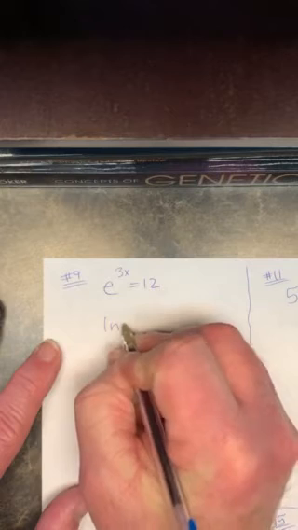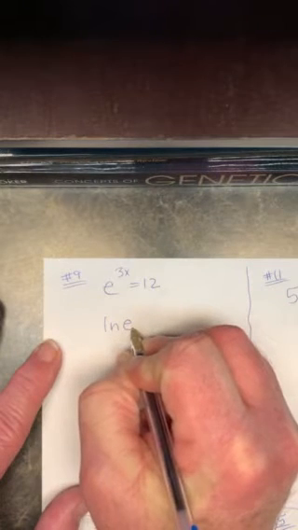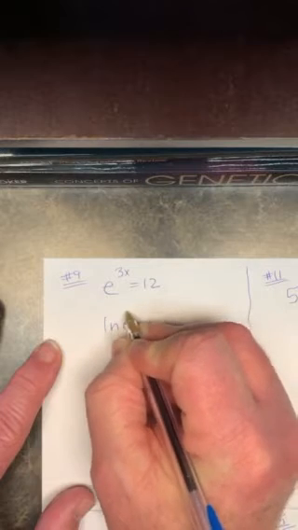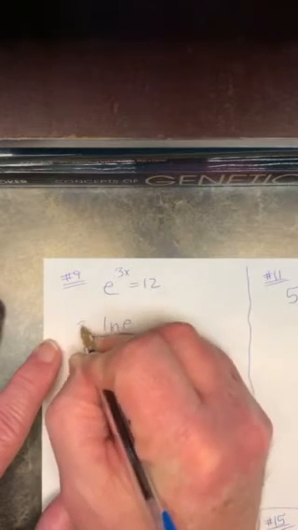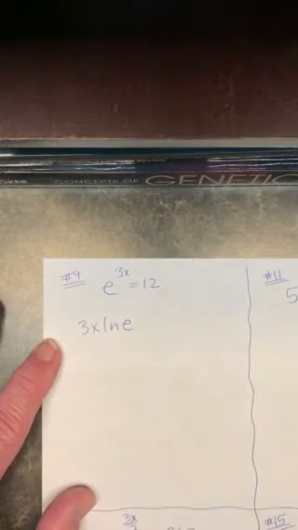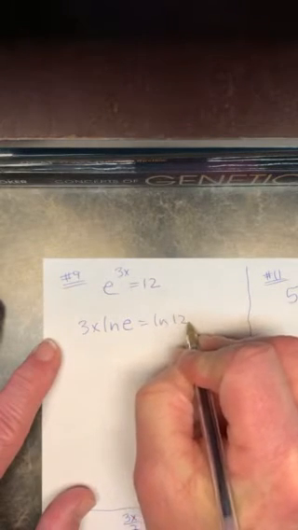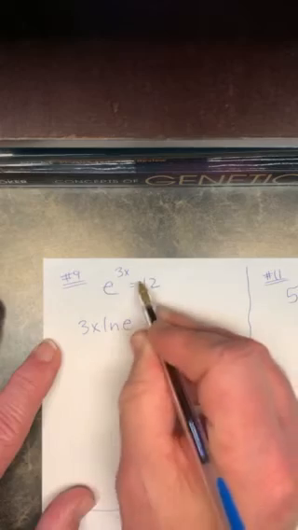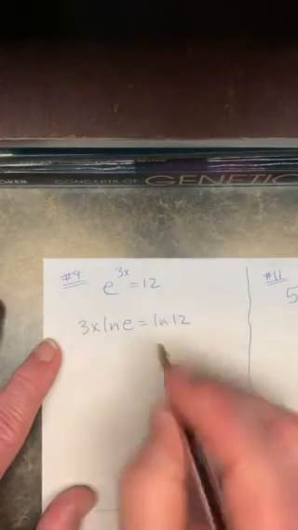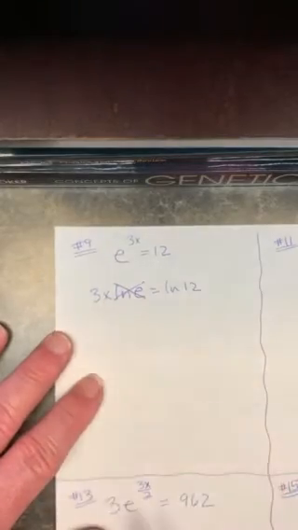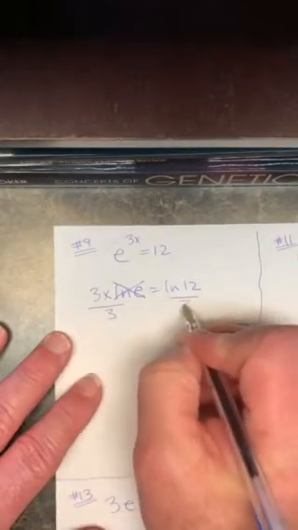I've got ln of e to the, only difference is this is now a 3x, and that entire exponent gets placed out in front, agreed? Equals ln of 12. Don't forget that. If I ln the left side, I have to ln the right side. ln e gets disregarded. To get x all by itself, I'm going to divide by 3.